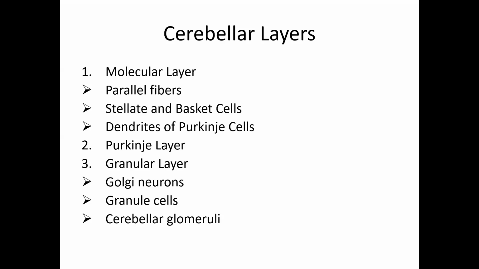And the climbing fibers coming from the inferior olivary complex, principal nucleus, come up, and they basically synapse in the dendrites of the Purkinje cells. And usually what they do is one particular climbing fiber may go and synapse on a variety of Purkinje cell dendrites, a number of them.